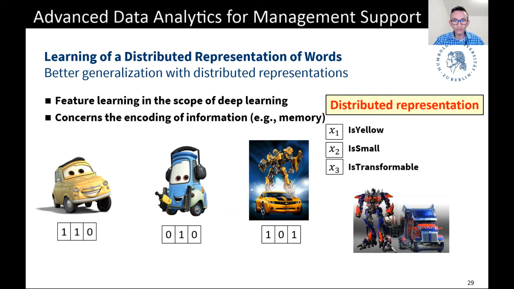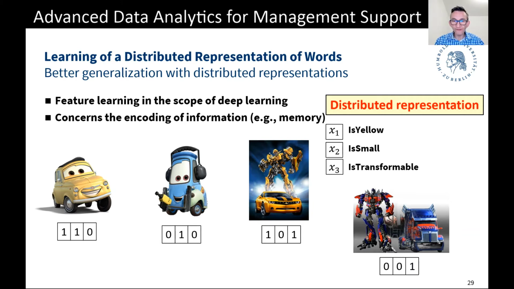And with that code, I could even represent concepts that I haven't seen before, because there is flexibility in my code. It's distributed. I could also represent Optimus Prime, for example, as not yellow, neither small, but transformable. That's the essence, with a smile, of distributed representations.